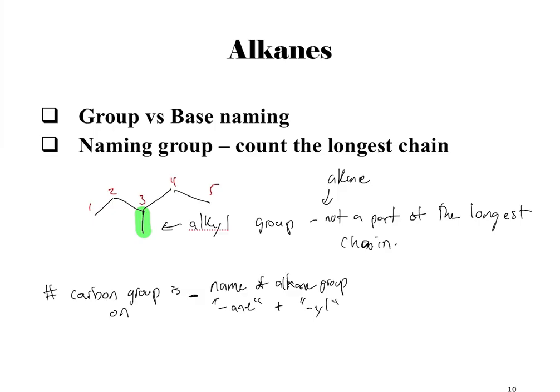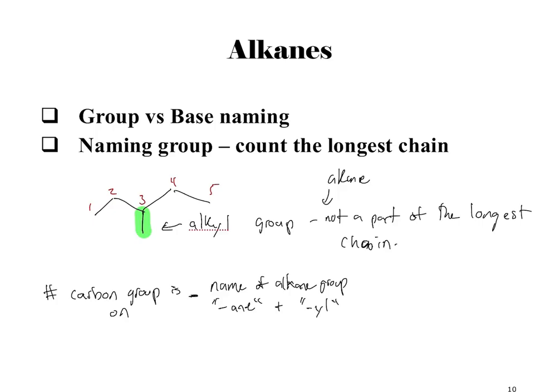So how many carbons are in that group? In the longest chain, there's 5 carbons, right? So we don't double count the carbons. So how many carbons are in this group here? Are there any bends in this line? No, which means that the only one would be the ending carbon right here.